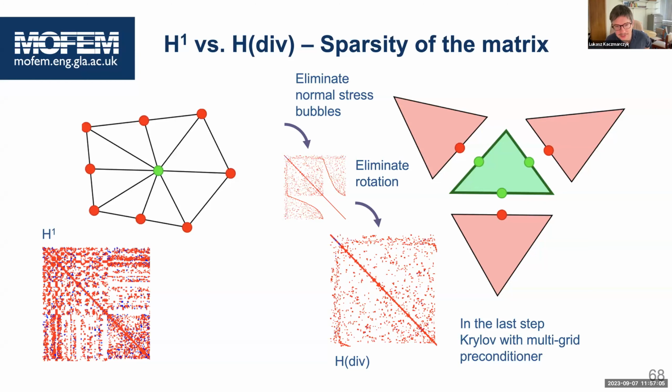But on top of that, because this matrix has a fixed band, you can think about how to construct effective multigrid solvers for that. It will be much easier in this generic case. I want to say only that when you change the spaces from H1 to H-div, you increase the sparsity of the matrix, you change the adjacency, which can be harvested in many different ways in the future.